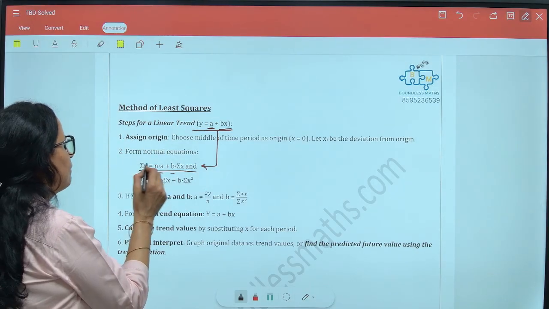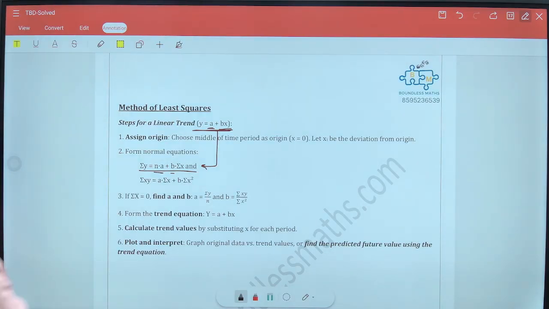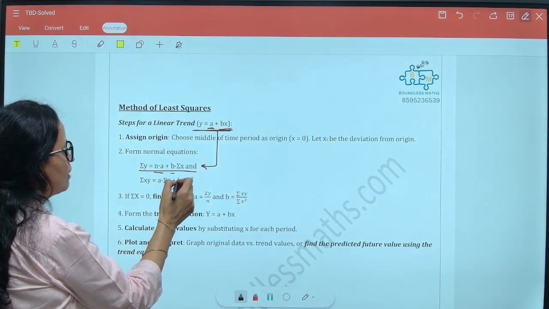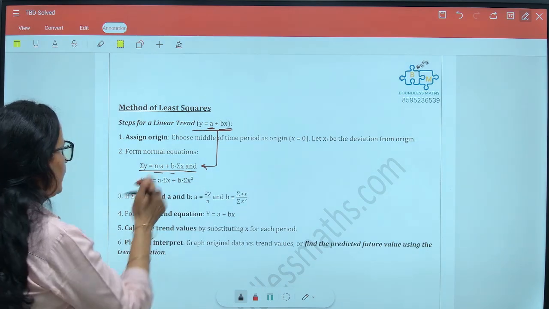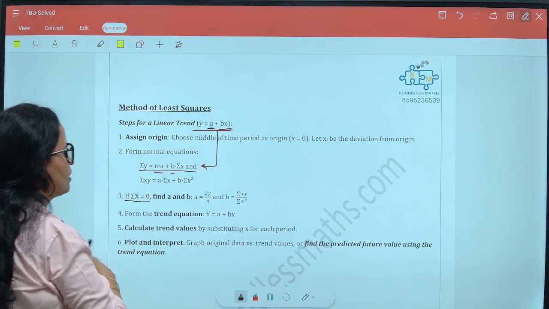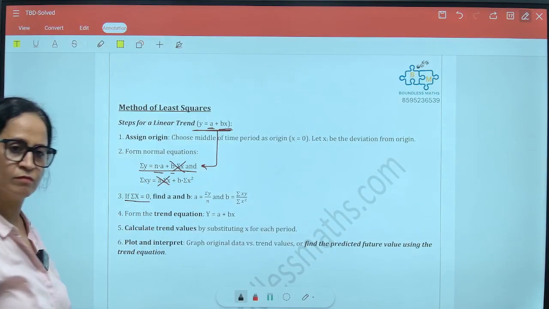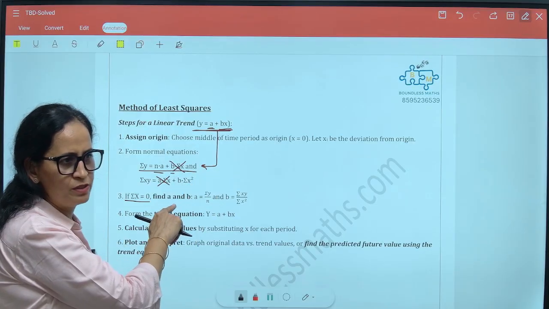Then now if I multiply all the terms of this statement by sigma x, I get sigma xy equals a into sigma x plus b into sigma x square. Fine. Now if I put sigma x as 0, these terms will go away. If sigma x is 0, it doesn't mean sigma x square also has to be 0, right?